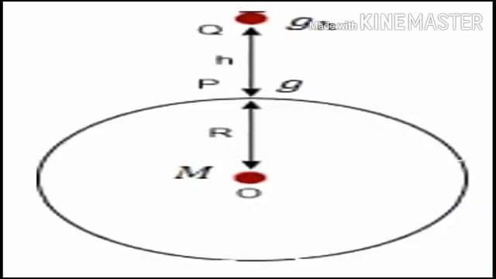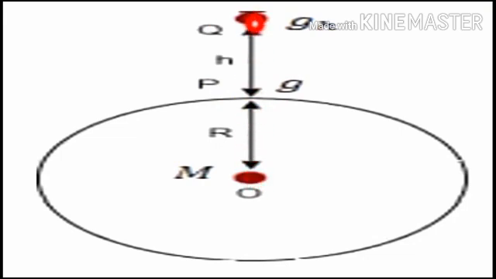Okay, what if your mass is not at the surface of the earth? Say your object is not at point p here, but at some height, at point q. You can now see that the distance between these two objects increases.